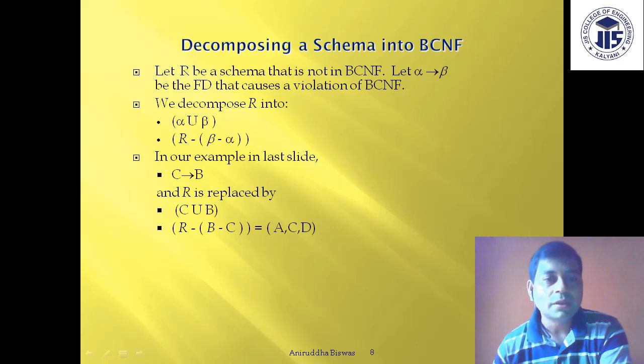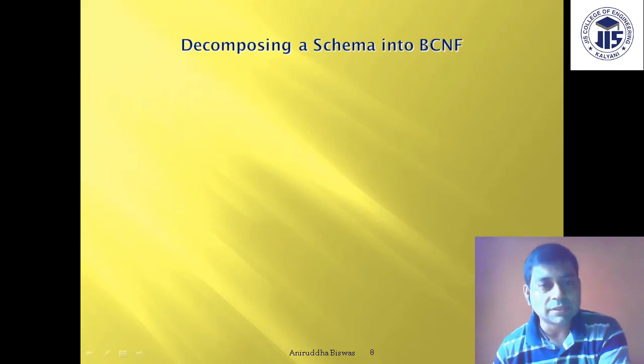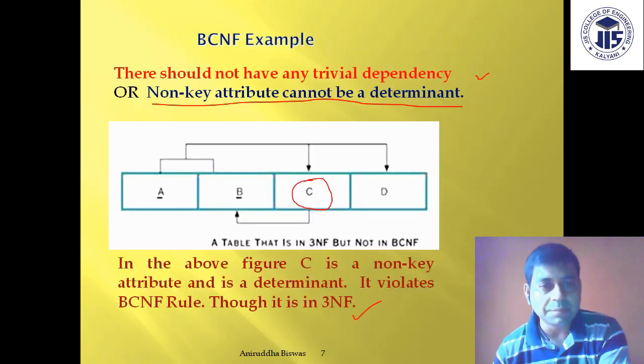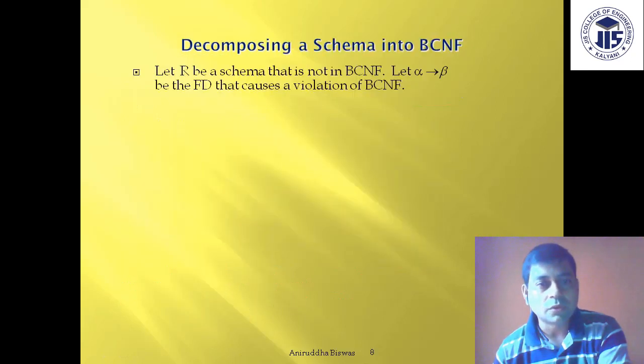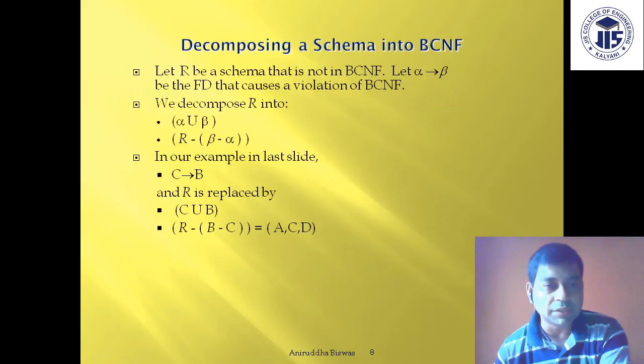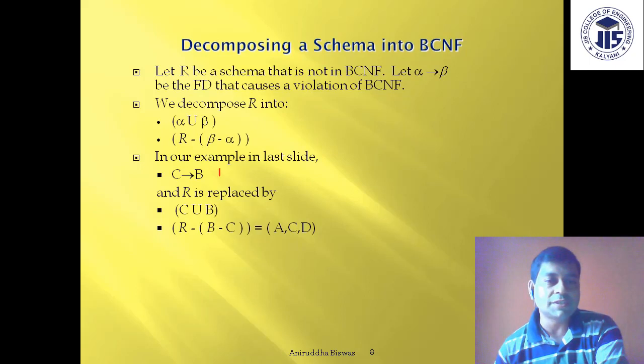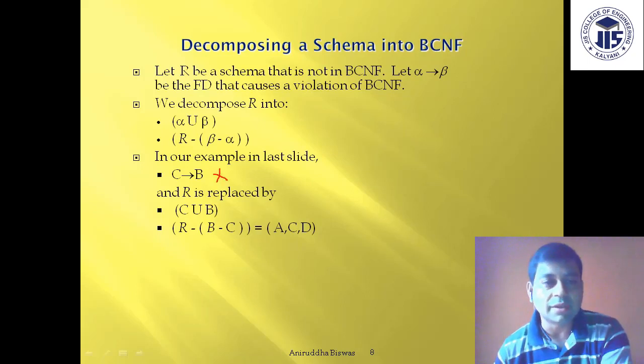Now if you see the example in the last slide, there was AB determines C and D, and C determines B. So what exactly we need to look at is C determines B. This is the place which is creating the problem, that means which is causing the violation of BCNF, right?